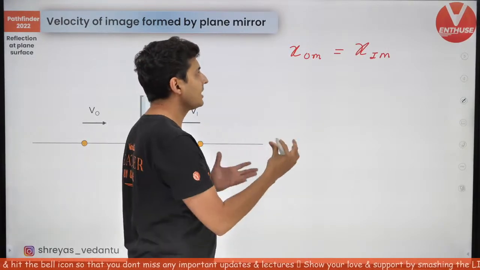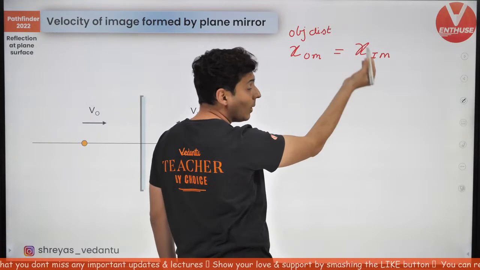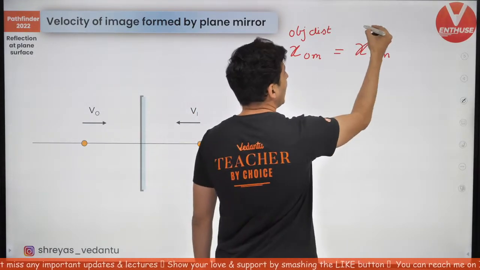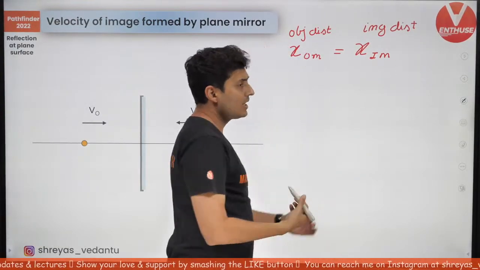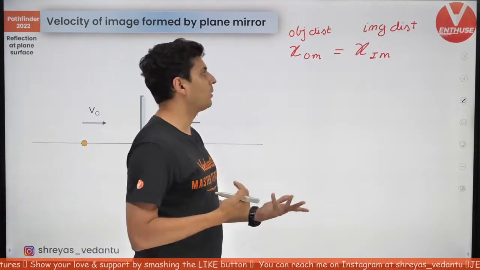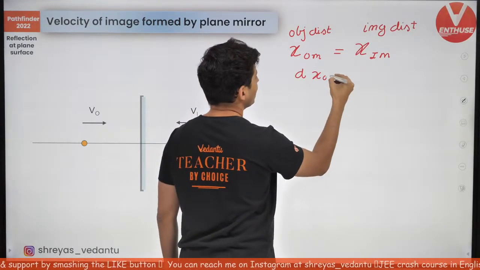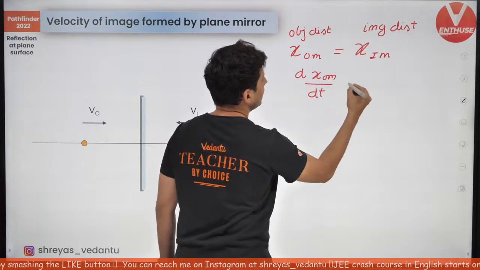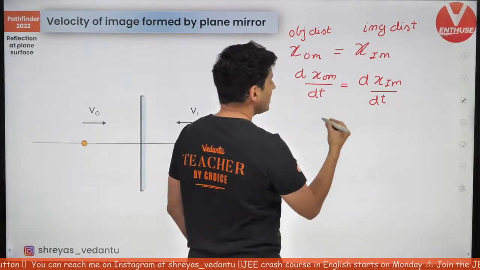Object distance is the distance measured from the mirror to the object, and image distance is the distance of the image from the mirror. They are always equal. So if I differentiate this, dx_om/dt is equal to dx_im/dt.